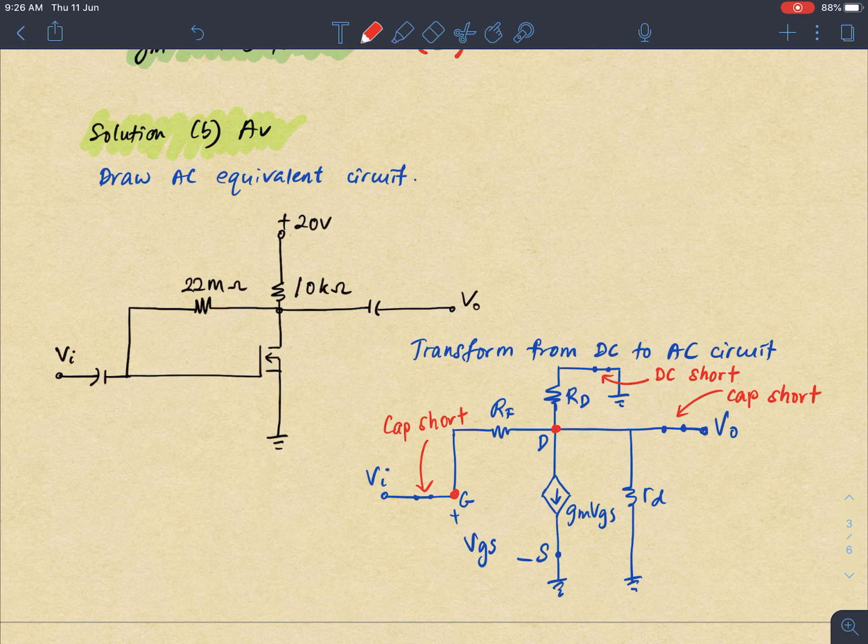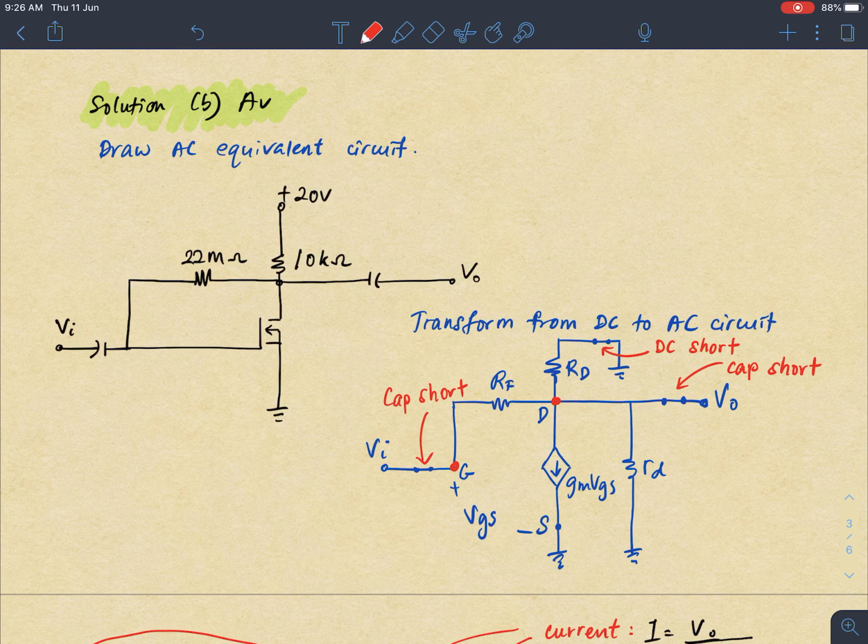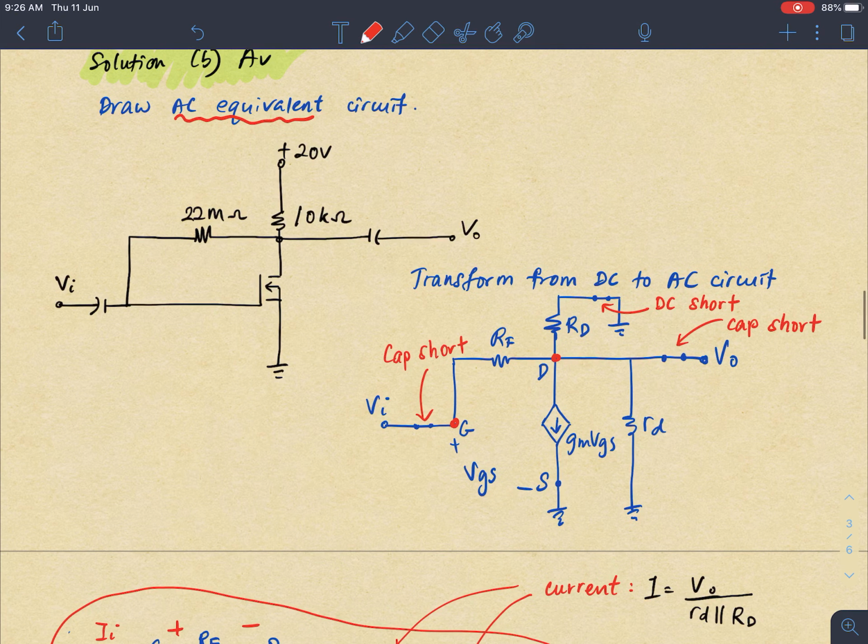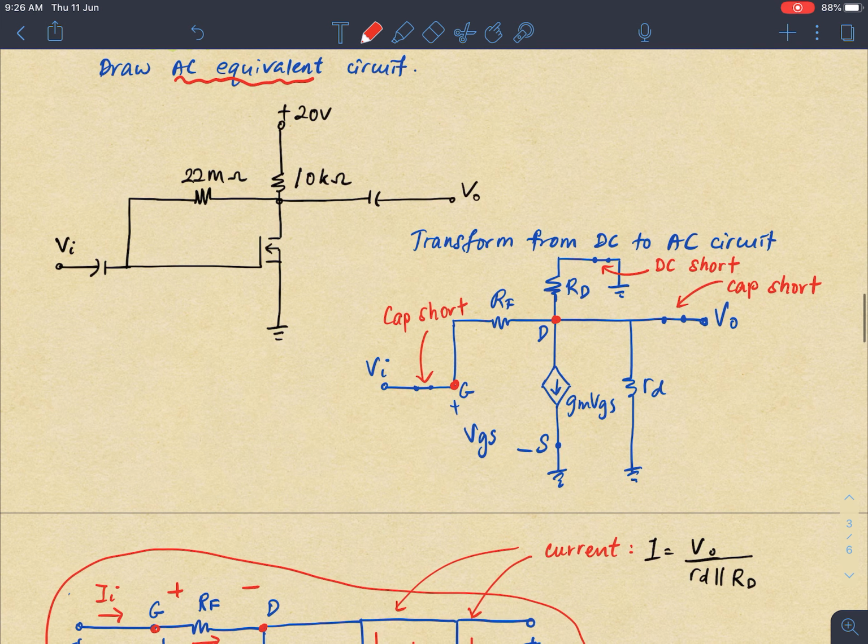Now we have to draw the AC equivalent first. The AC equivalent circuit for this drain feedback. In this figure, the blue figures, I draw one by one, step by step, so that you can see how this circuit transforms from DC to AC.